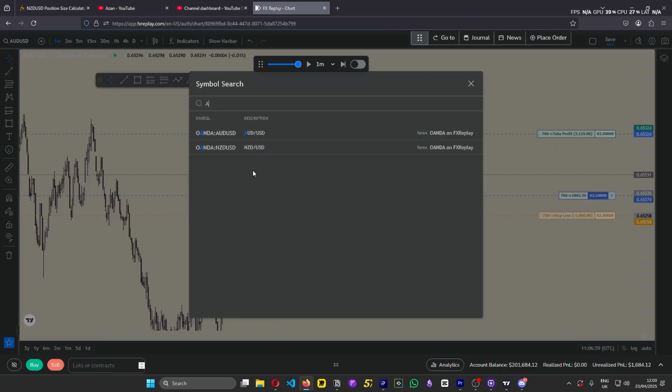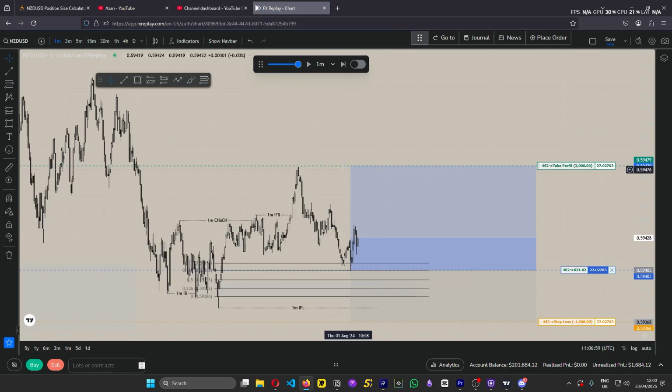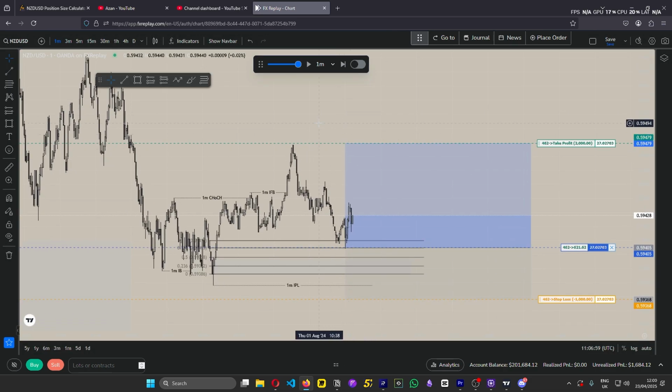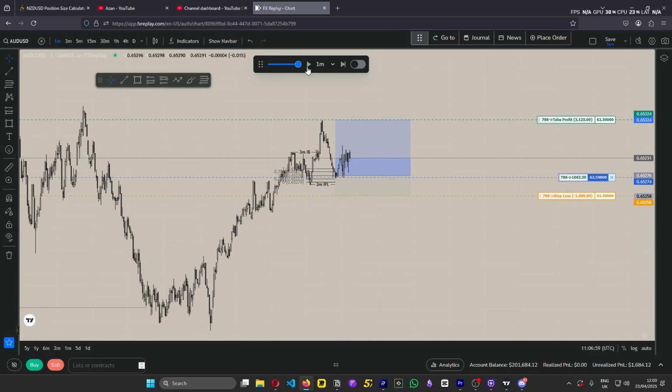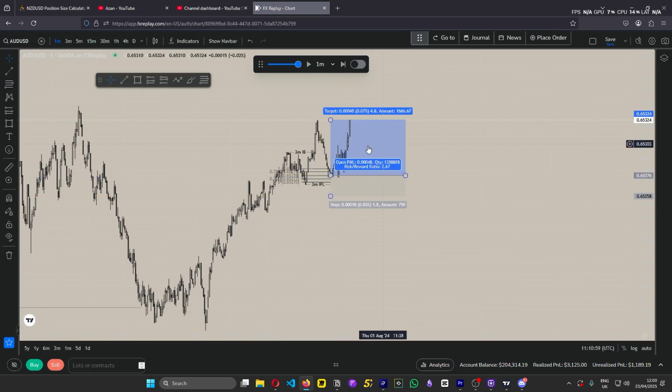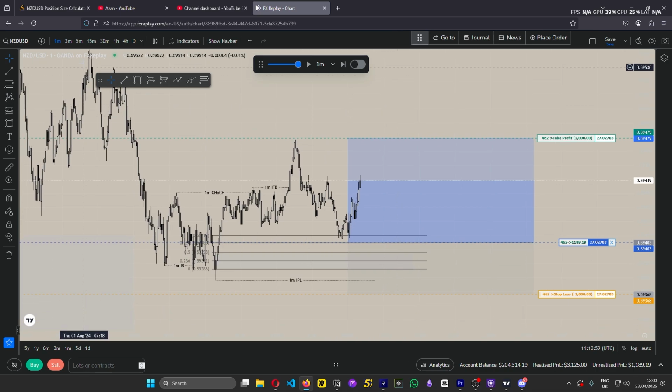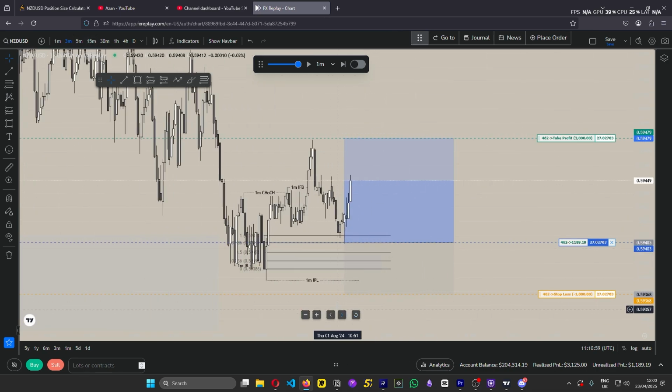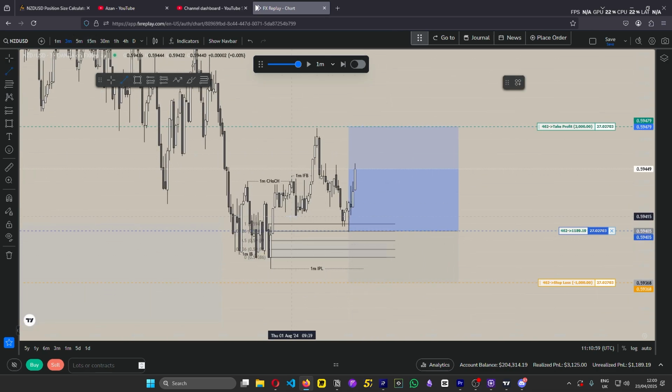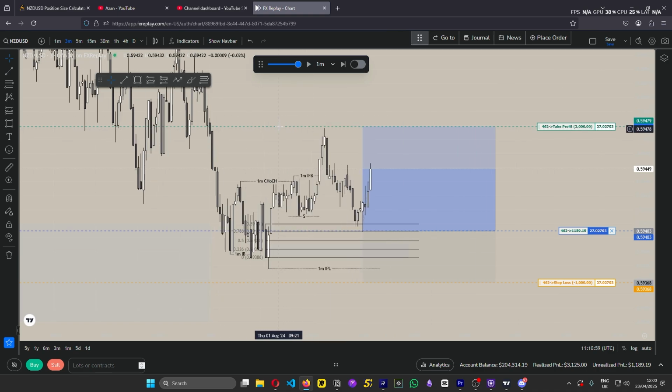Okay, we've entered on NZD as well. That's nice. And all right, so we hit TP here, and on NZD, as for the confluences, by the way, we've got our inducement right there, and we also have our imbalance, which is the sole reason why I'm taking this.